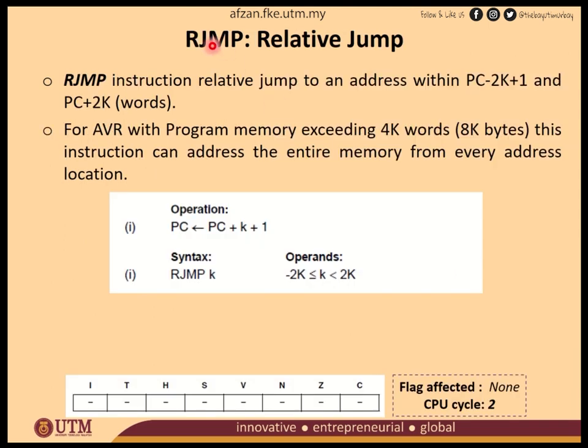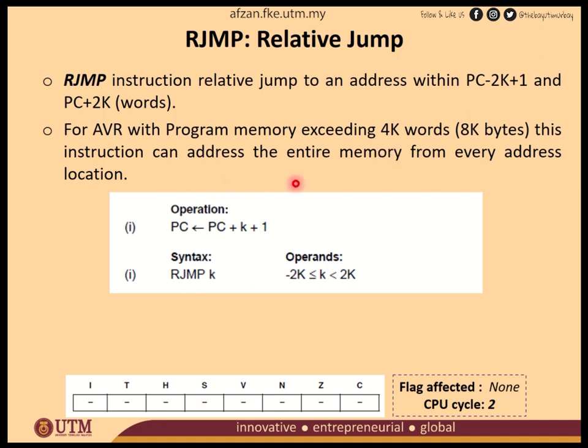Right, next we have the RJMP. RJMP stands for relative jump. The instruction is to jump to an address within this size here. For every AVR with program memory size 4K words, this instruction can address the entire memory.